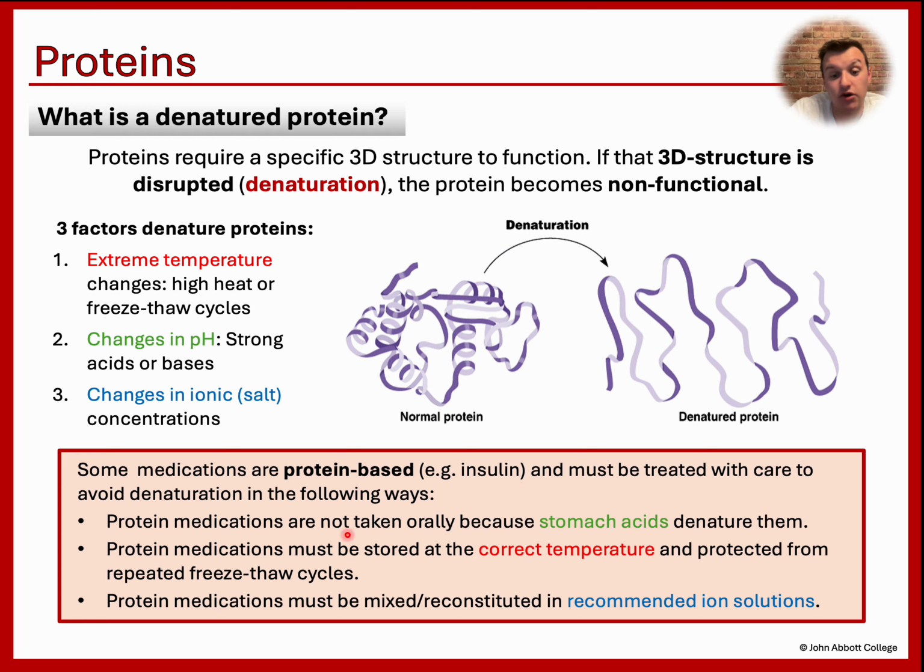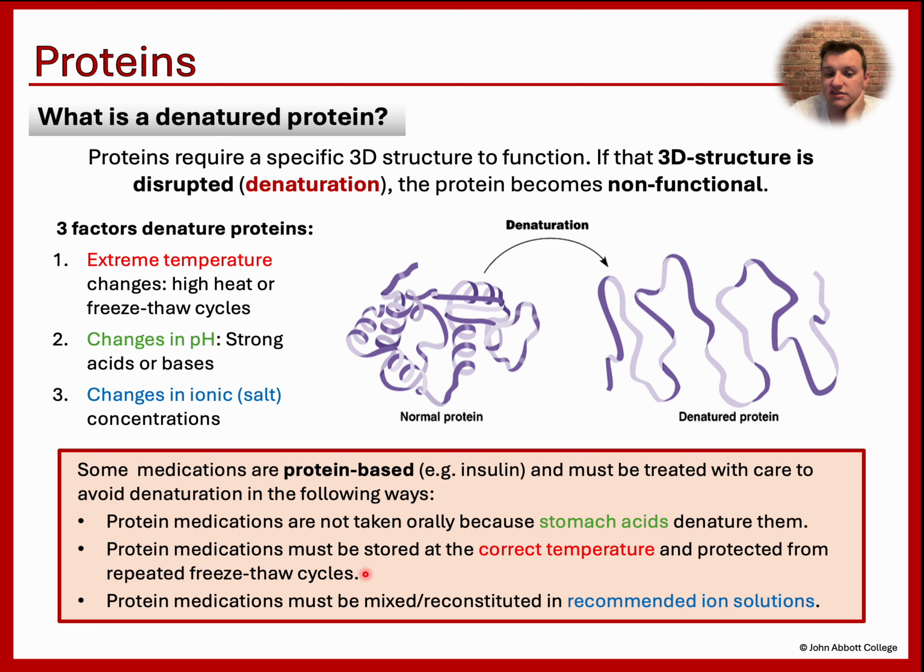Protein medications are not taken orally, for instance, because stomach acids would denature them. That's why we inject them. They need to go directly in the bloodstream because if they were to pass through our stomach, they would get denatured and broken down, right? So protein meds, we need to inject them.